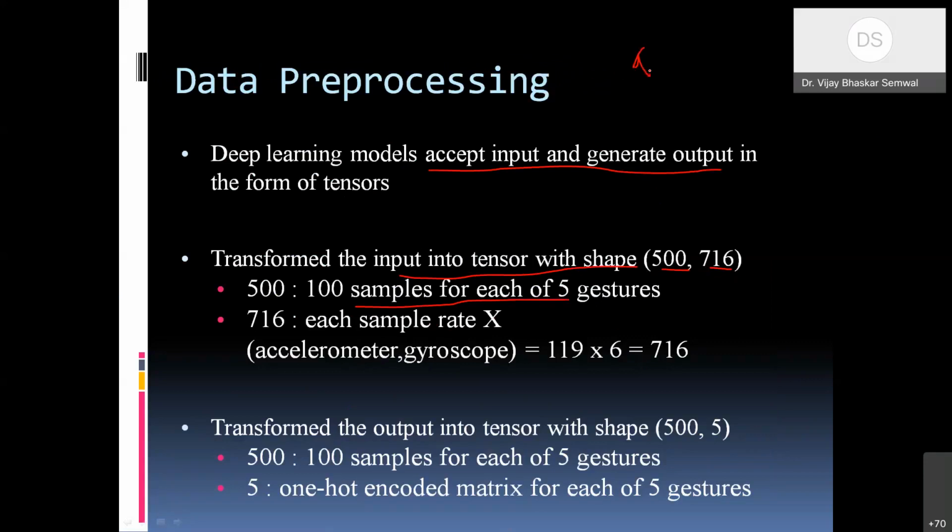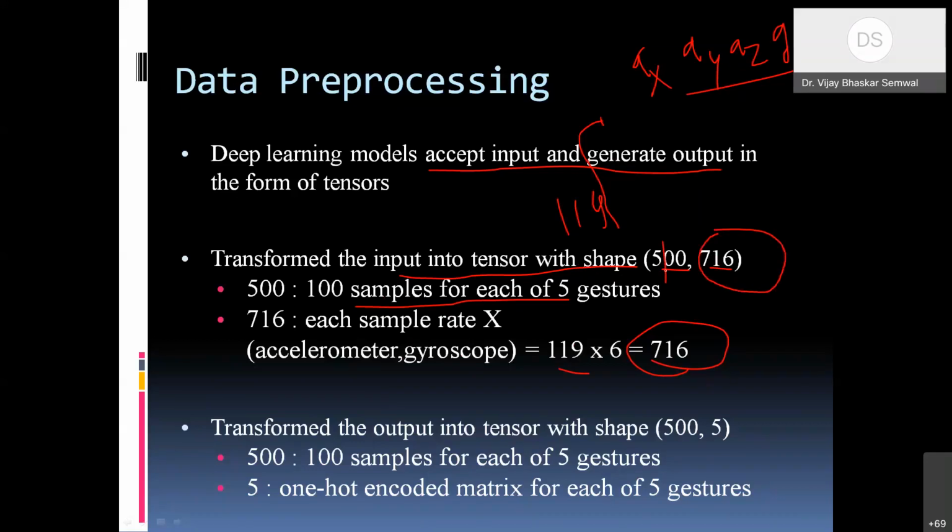As I told you, AX, AY, AZ, GX, GY, GZ with 119 rows each. Multiply 119 by 6 and you get 716 values for one sample, and you have 500 samples in total. So your tensor is initially 500 samples, and the first neural network input is 716.